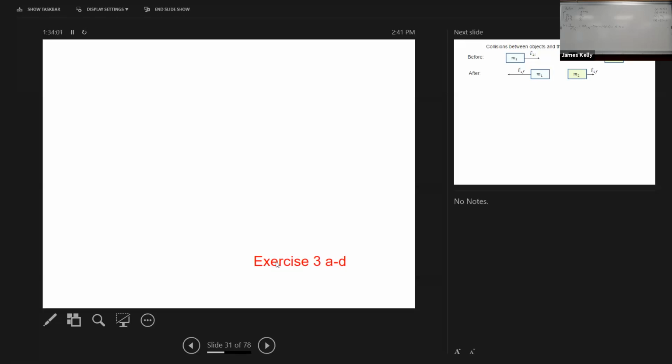Using Newton's third law, what y impulse does the 3 kilogram mass receive from the 1, or delivered by the 1 to the 3 kilogram mass? There are different ways to phrase this. So in B, to write it down in symbols, what I want is the impulse y component that is delivered by the 1 kilogram on the 3 kilogram, just to make it unambiguous.